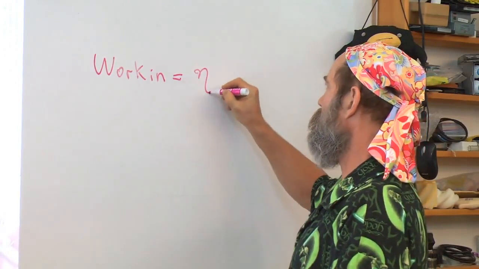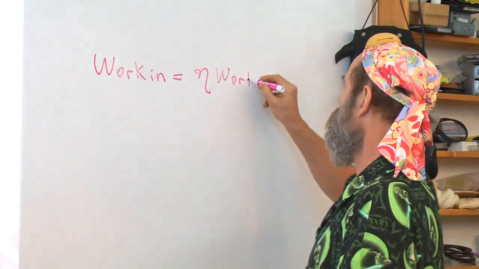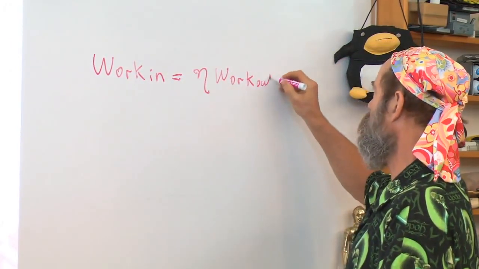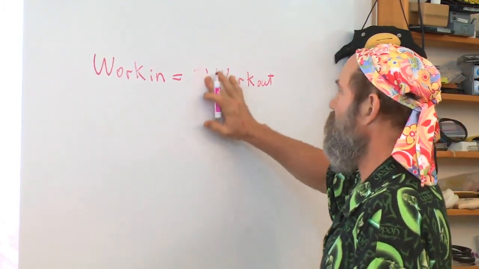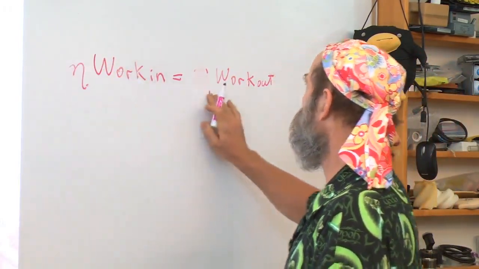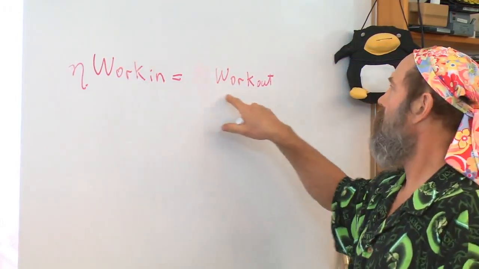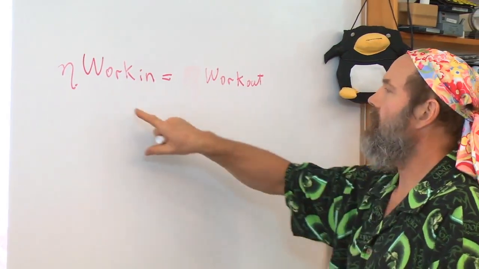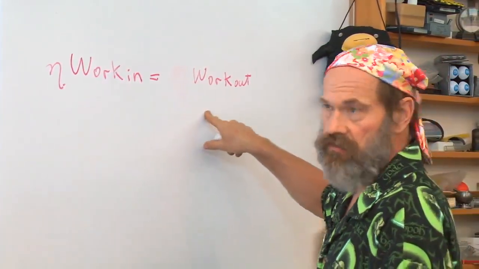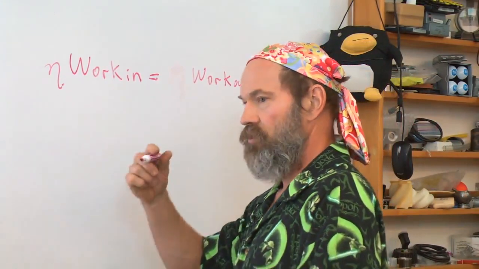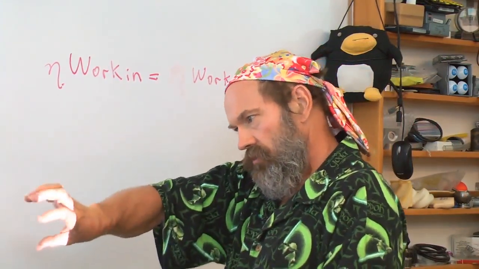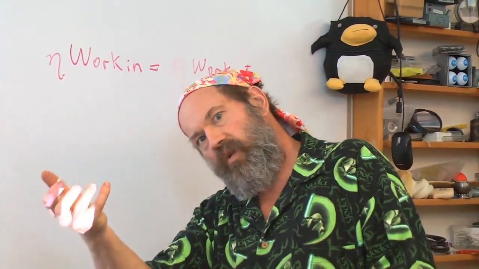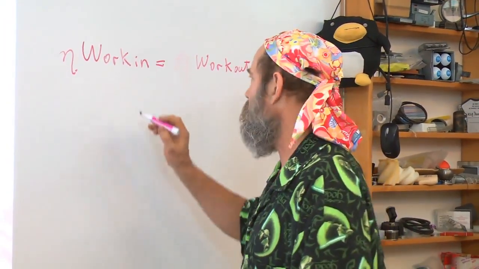And when you do the analysis of the screw, remember from our earlier lectures, you have work in equals some efficiency times work out. Oh, excuse me. Efficiency times work in equals the work out. Conservation of energy. The work in for a screw, you apply a torque. You're twisting it through one full rotation or 2 pi radians.